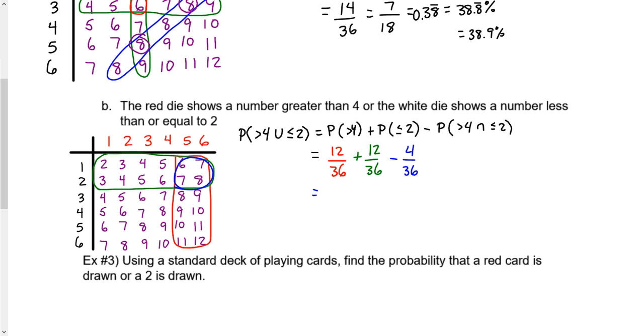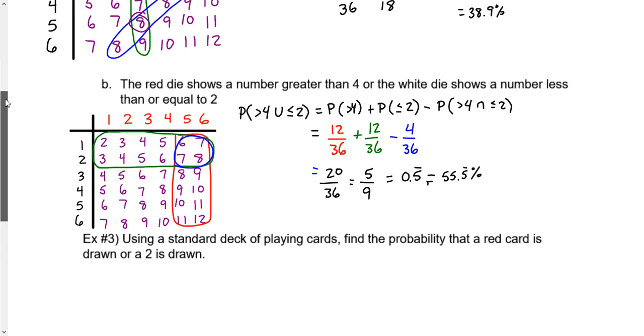I'm happy that this one actually worked out nicely with colors. Anyways, 20 out of 36, reduced to be what? 5 out of 9? Divide by 4, divide by 4. Yeah, should work. This one I can do in my head. Yeah, equals 55.5%. 5 out of 9 would be the better number. That allows us to do what we need to.